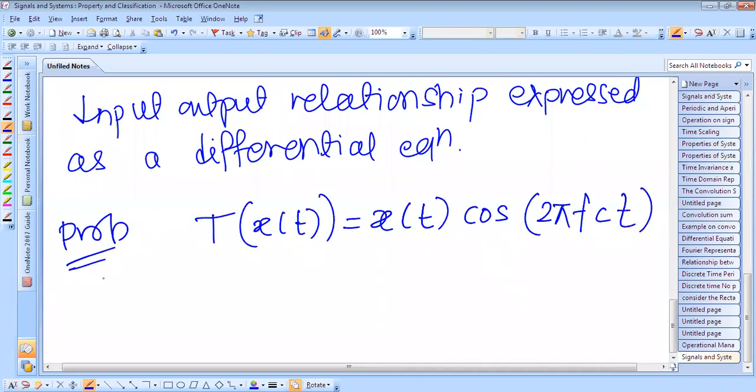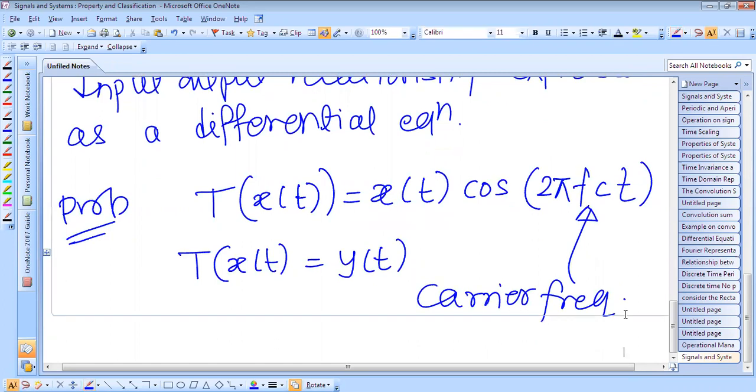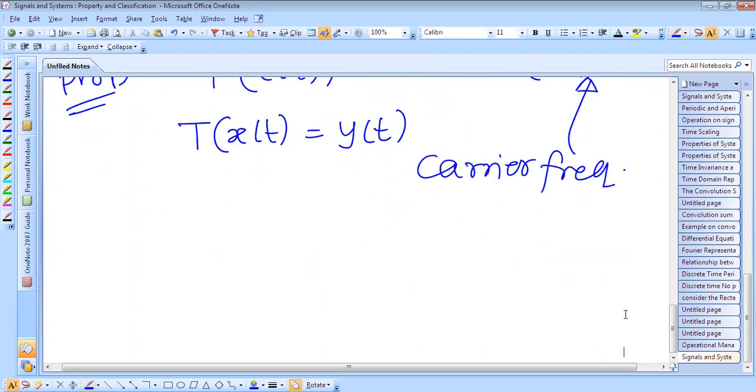So this T of x of t is equal to y of t. And what is this fc? This is the carrier frequency, and this is a very important system in a communication system.